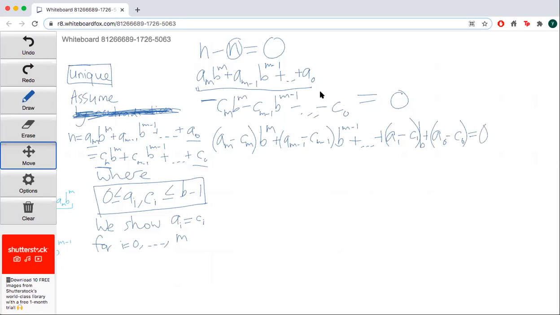So all I've done is just factorized the left-hand side. And I've got this thing here.